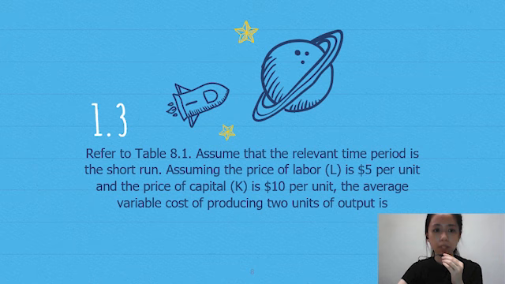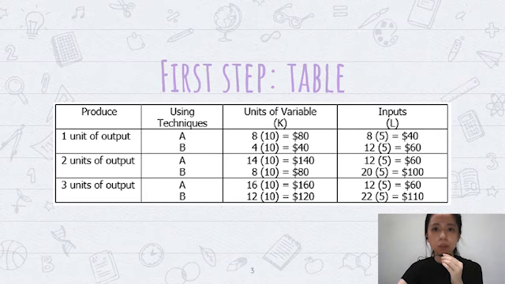Question 1.3: refer to table 8.1. Assume that the relevant time period is the short run. Assuming the price of labor L is $5 per unit and the price of capital K is $10 per unit, the average variable cost of producing 2 units of output is? First step, we also refer back to this table.